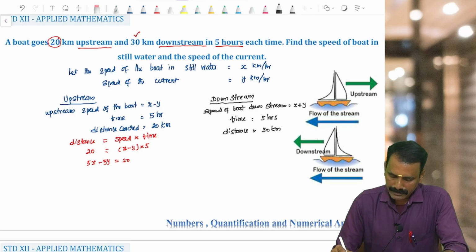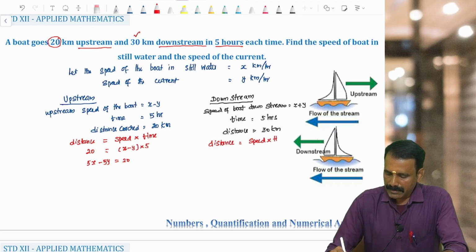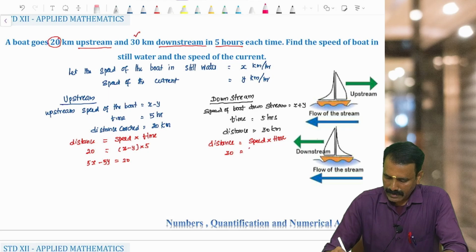Again we have the formula: distance is equal to speed into time. So here 30 is equal to speed x plus y into time, 5 hours. So we have another equation: 5x plus 5y is equal to 30.